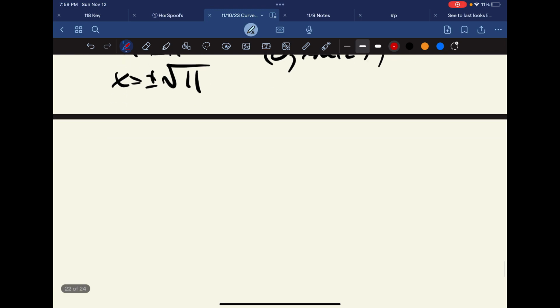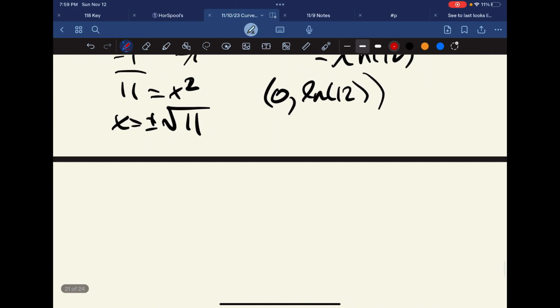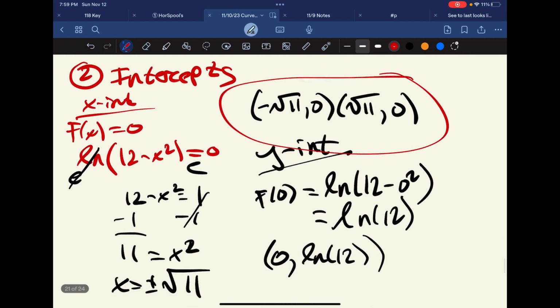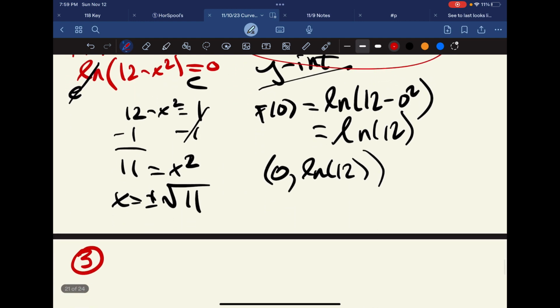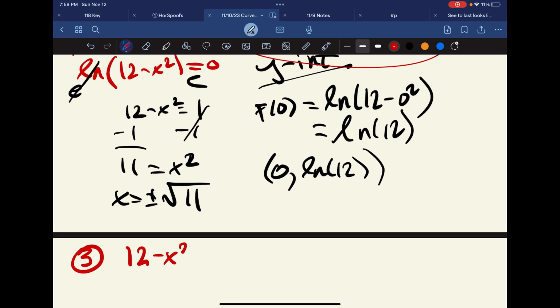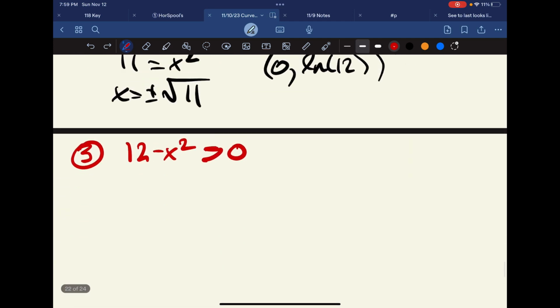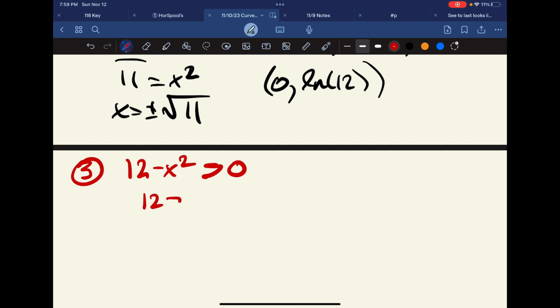So now we're going to talk about the domain. And so with ln functions, we have to exclude everywhere that the function is not defined, right? So it's not defined when the inside of the ln is 0 or is a negative number. So we have to say that the inside of the ln has to be greater than 0. So we can do this, and then we can say plus or minus the square root of 12 has to be greater than x.